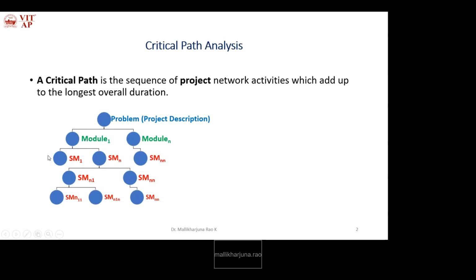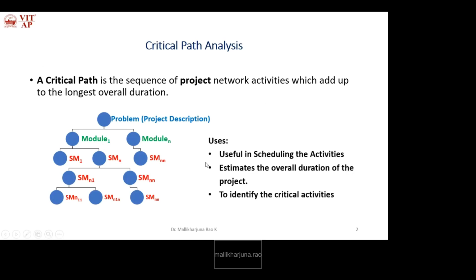Okay, so all these are called the project deliverables or project products or work products or work tasks. In order to develop these project products or deliverables, we have to plan the project development. So this critical path analysis is useful in scheduling the activities, and also estimates the overall duration of the project.